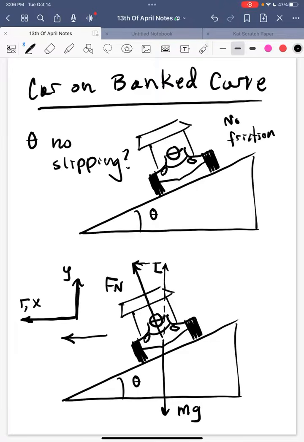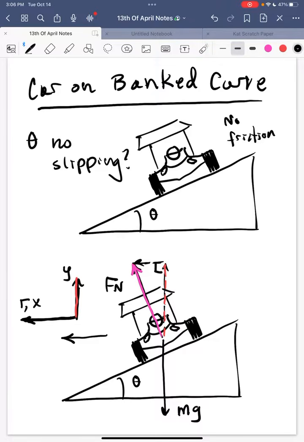These are 90 degrees, and my hypotenuse is this, that's the normal force. Now I have these components: a vertical component along the y-axis direction, and another component along the horizontal direction, the x direction.